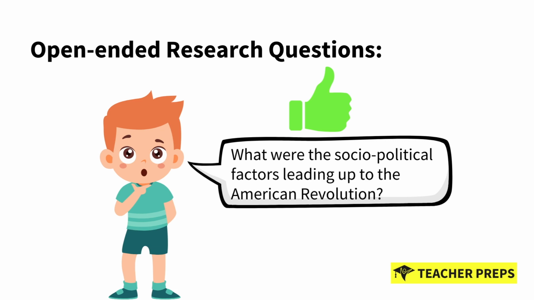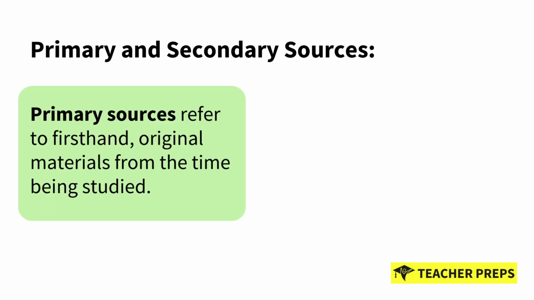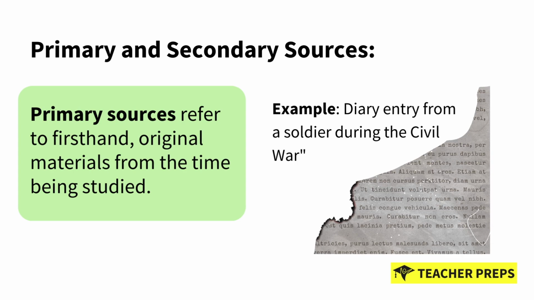This broader question encourages students to dive deeper into the topic, analyzing various elements that contributed to the event. Before starting the actual research, you'll want to teach the students about primary and secondary sources. You're going to have exam questions on this, so pay attention here. Remember, primary sources refer to the first-hand original materials from the time being studied. They could be documents, letters, diaries, or other artifacts that provide direct evidence about the topic.